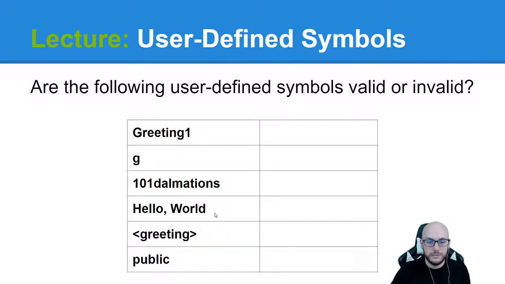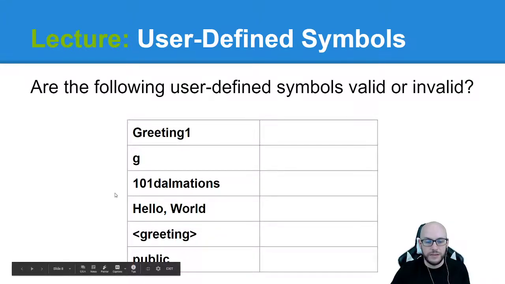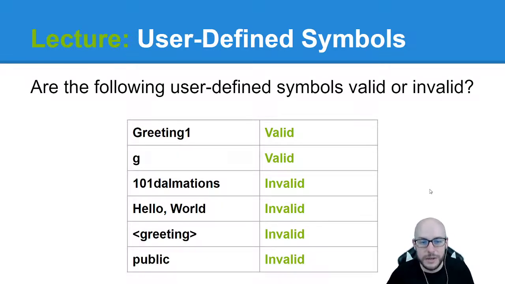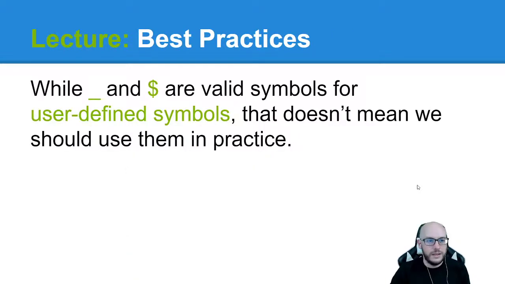Hello, World is invalid because of this comma and technically also this space. I want you to think of space as a character because it is. Greeting with these little less than, greater than signs, we call these angle brackets. The angle brackets are not valid. And public looks pretty good, except it's a reserved word. You've seen it in your class header. So here's the solution to these.